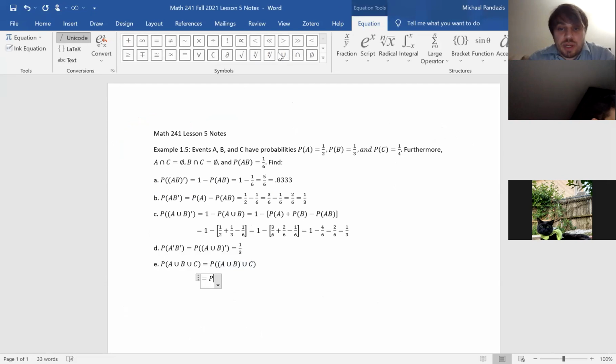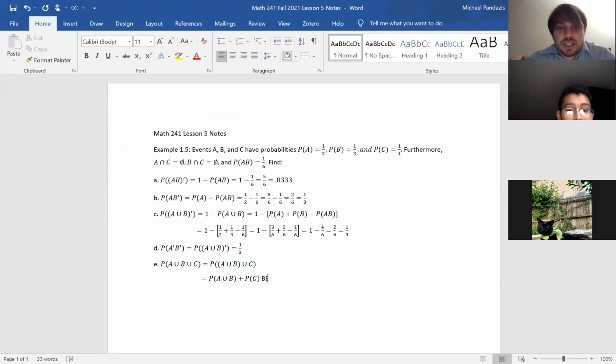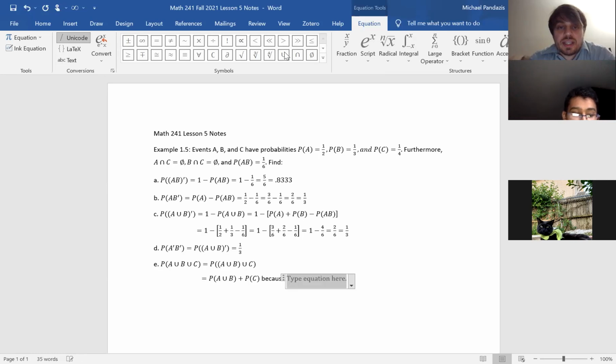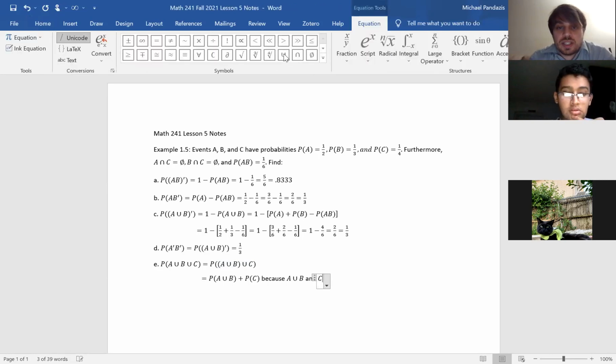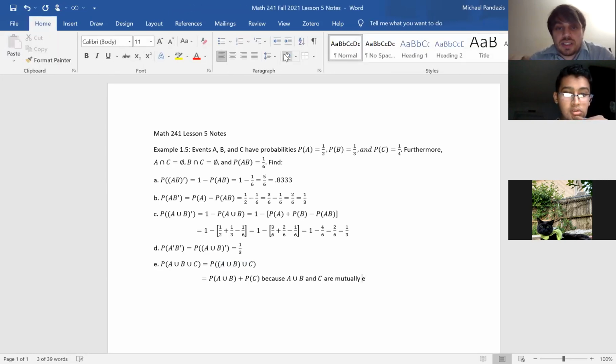And this is equal to the probability of A union B plus the probability of C. And this is because A union B and C are mutually exclusive events, and that's because their intersection is empty. A union B in parentheses, intersection C is equal to the empty set.